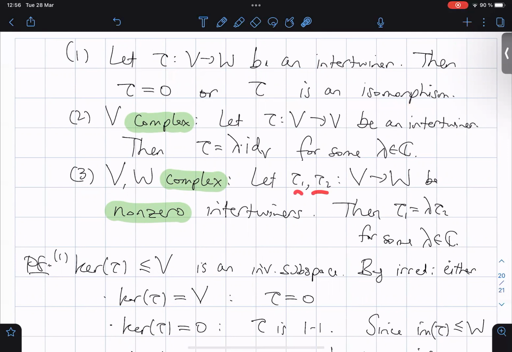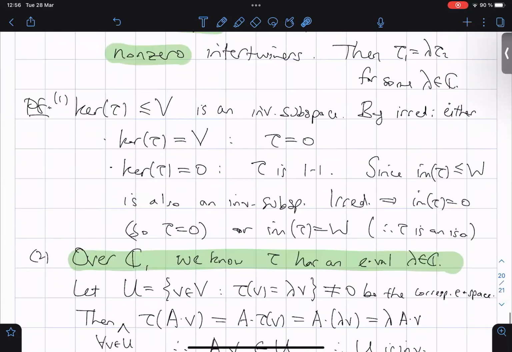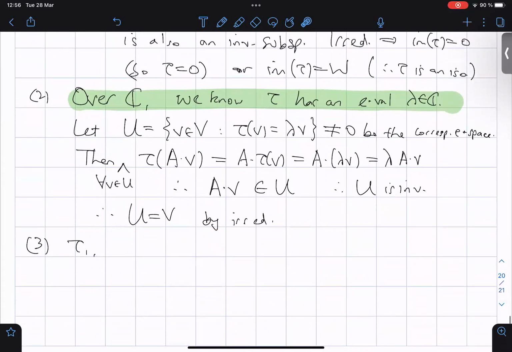So these have to be isomorphisms by 1. So tau1 and tau2 are non-zero intertwiners, so they're isomorphisms.